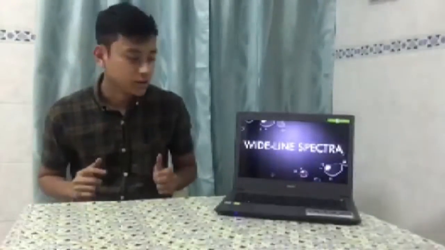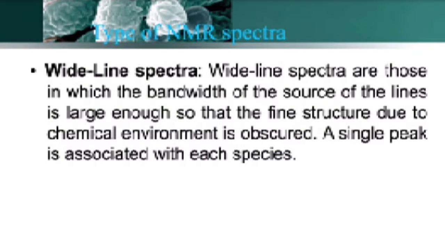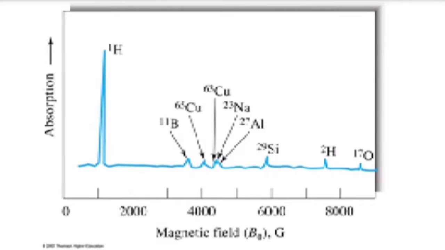The first type is the wide line spectra. Wide line spectra are those in which the bandwidth of the source of the line is large enough so that the fine structure due to chemical environment is not observed. A single peak is associated with each species. Now let me show the graph.